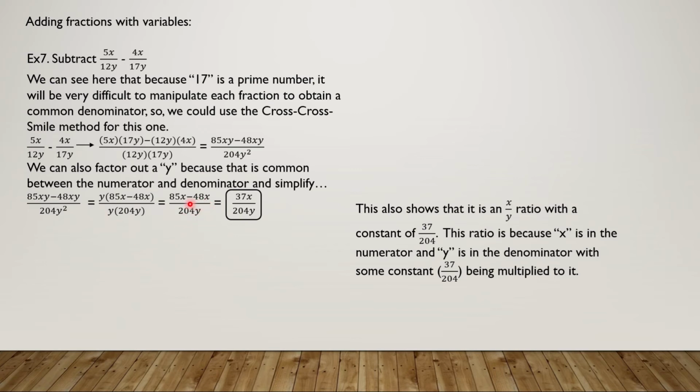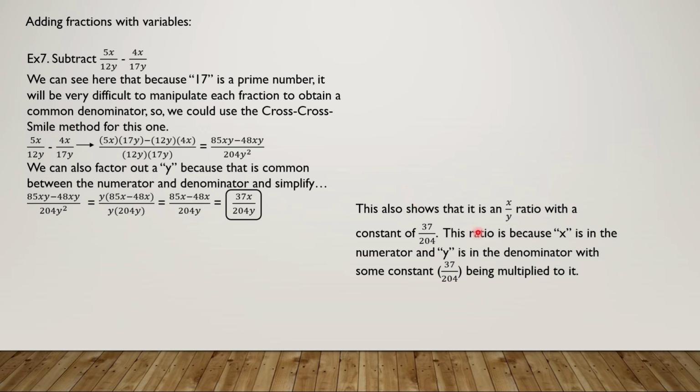And because they both involve the x variable to the first power, we can take the difference in the numbers, which, if you can imagine this, is factoring out x and then just taking 85 minus 48 and redistributing that x to that value. What you would be left with is 37x divided by 204y.